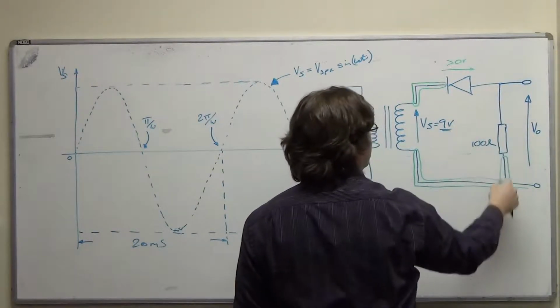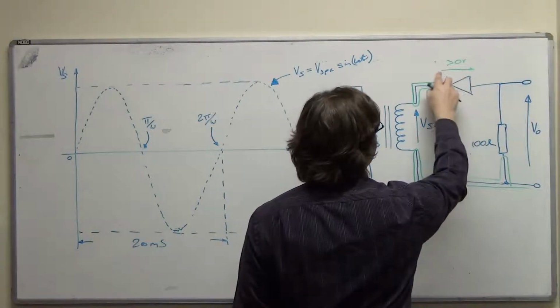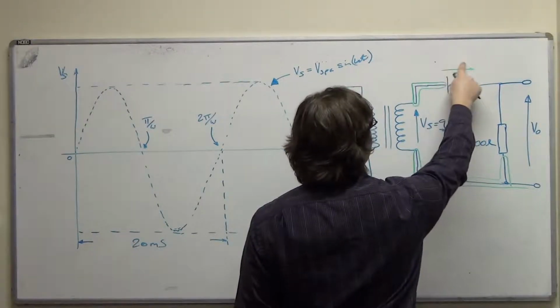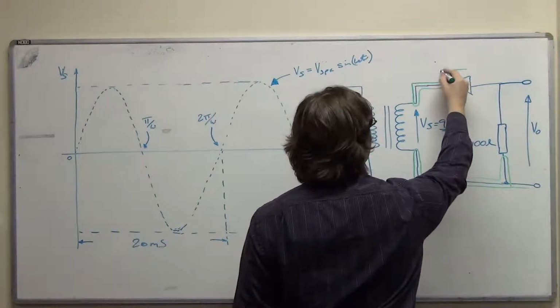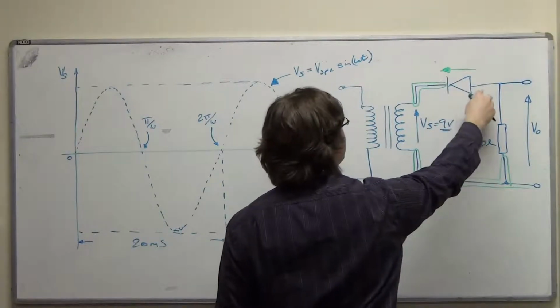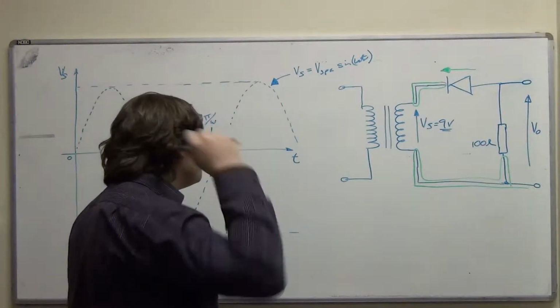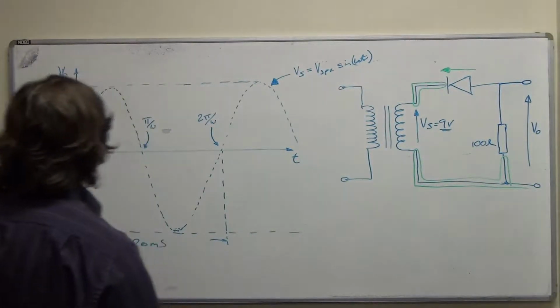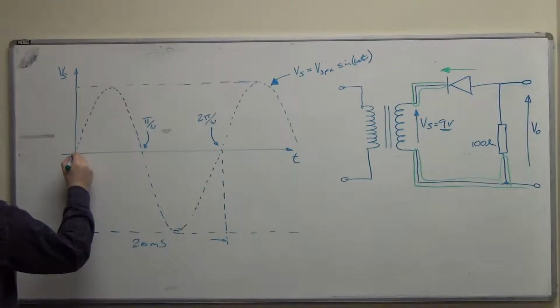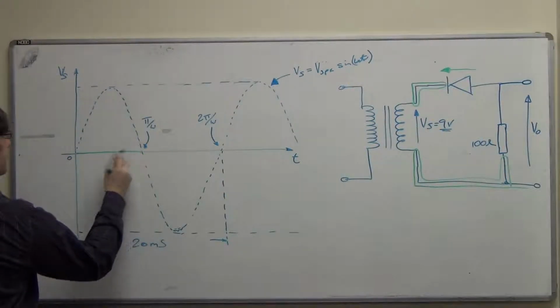So across the open circuit we've got a voltage where this is the more positive end and that's the more negative end. That's a situation where the diode is reverse biased, which means it's not going to conduct. So for all of this half period, we have an output of 0.